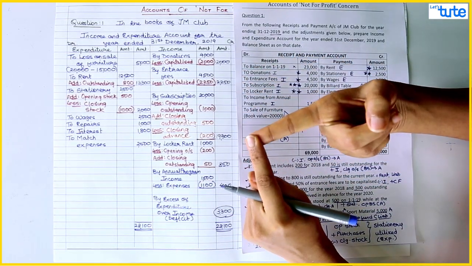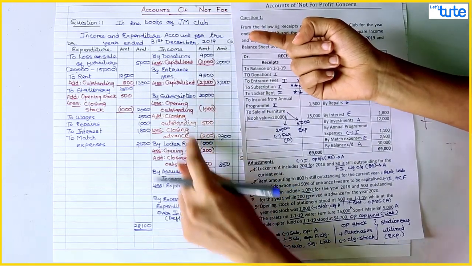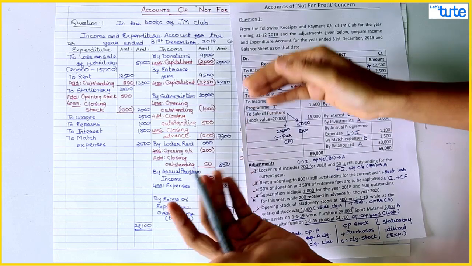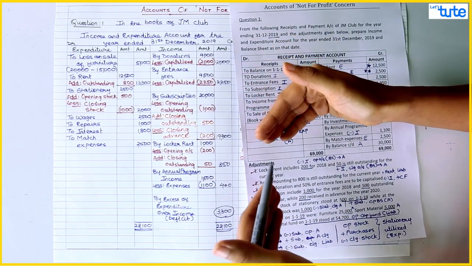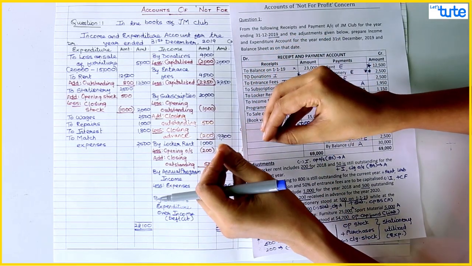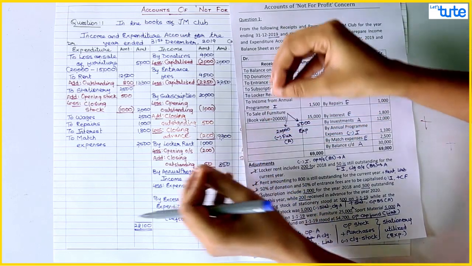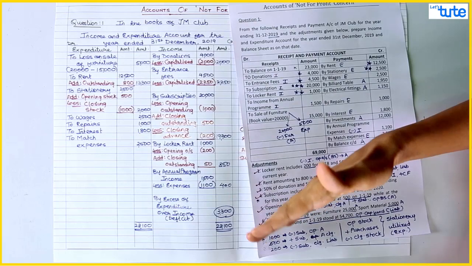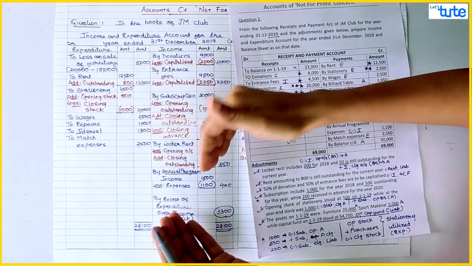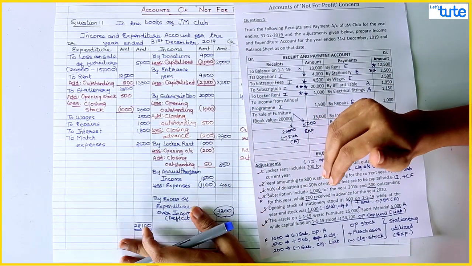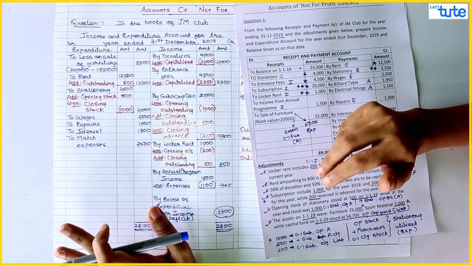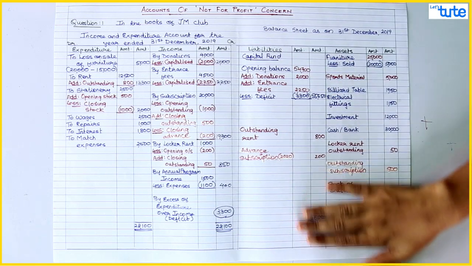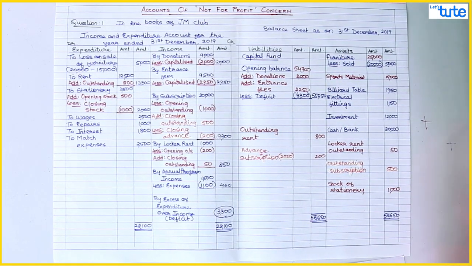One, sometimes in the hurry of this totaling, you tend to forget the second effect. Sometimes at a later stage you realize that there was some wrong adjustment, I need to correct it. Then you will have to change your totals also. So it is better first give effects of the adjustment, then start totaling, bring inner to outer column, total your income and expenditure, either it will have surplus or deficit, transfer that to capital fund, and then tally your balance sheet.